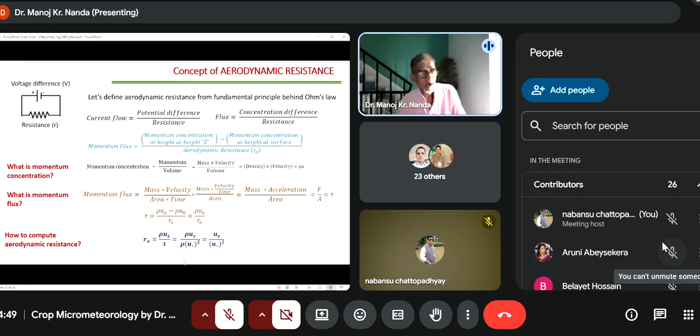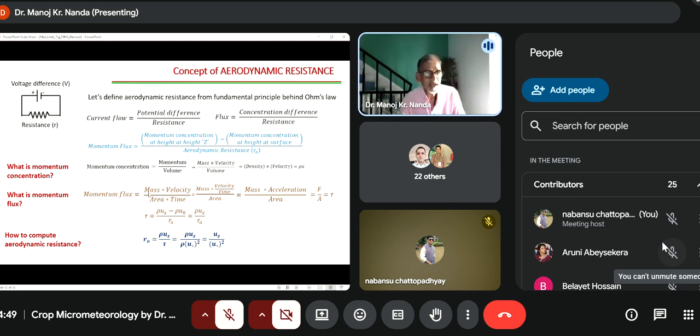Now, once you know this aerodynamic resistance, the same formula works for all kinds of fluxes. You get the concentration difference in vapor between two heights, you get the same aerodynamic resistance. Concentration difference by resistance is your vapor flux. You get the concentration difference in carbon dioxide between surface and some height above, and you divide by the resistance, you get the carbon flux.